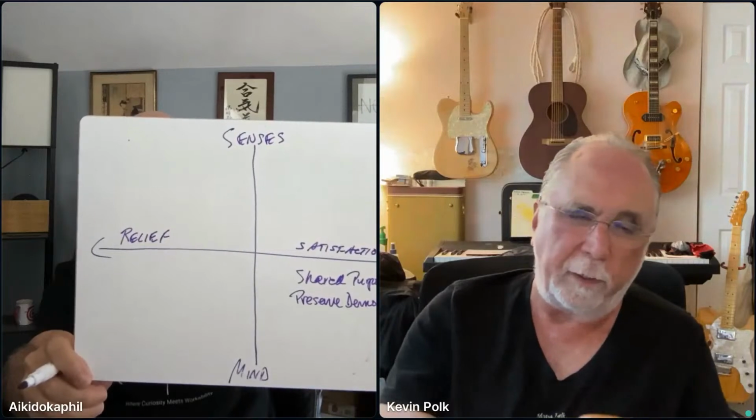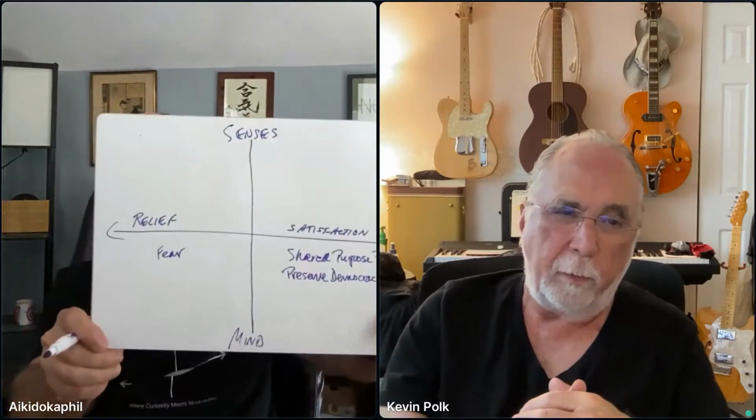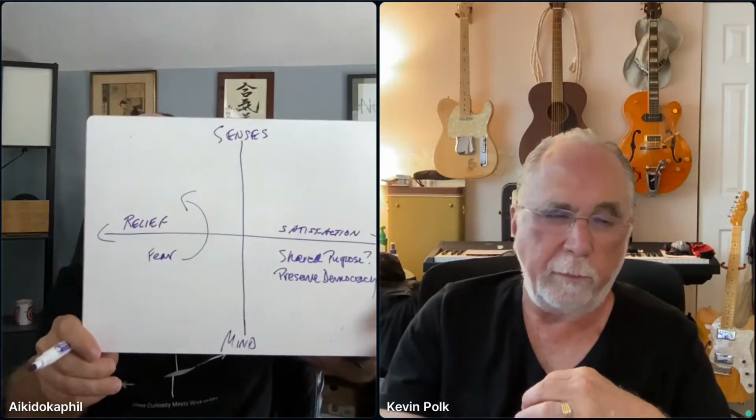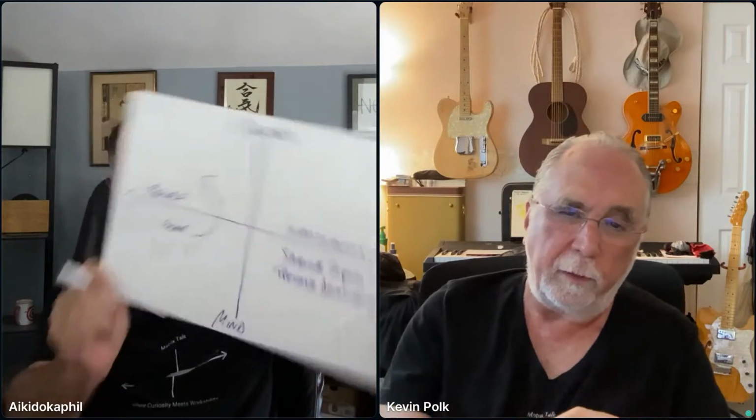Is there yucky stuff like fear that shows up? Sure, absolutely. And then you may well do relief behaviors to get rid of the fear about doing shared purpose stuff. And in the upper right is where you get satisfaction. You vote, right? Yay, or you support your candidate of choice or whatever you're doing.